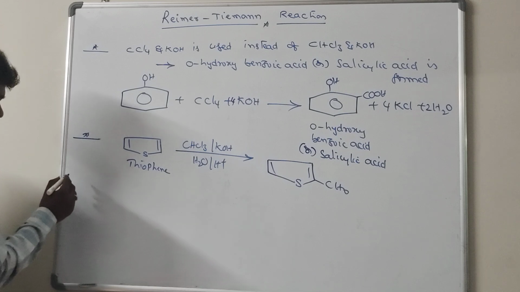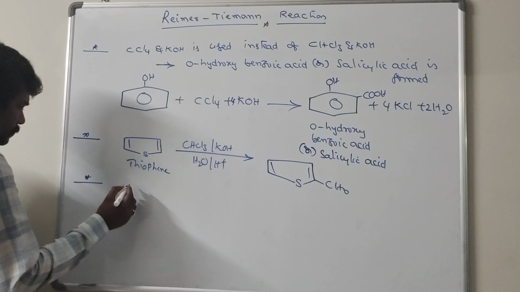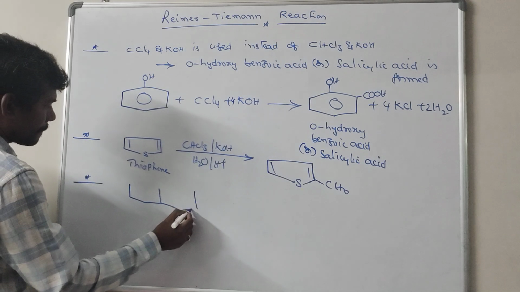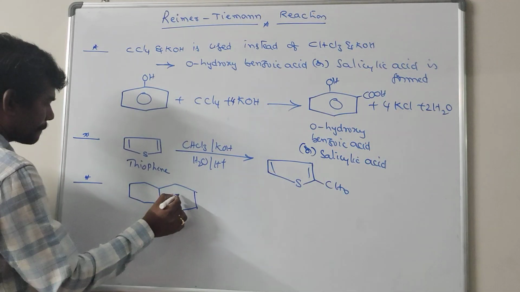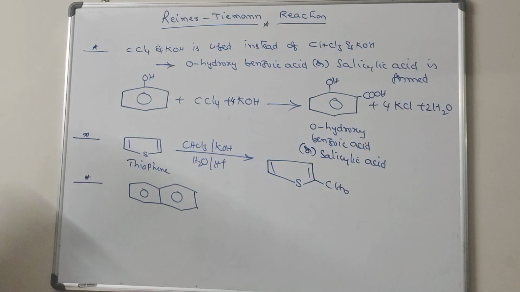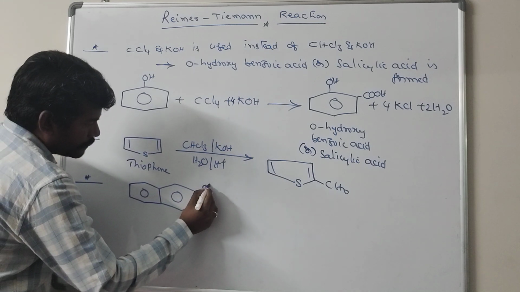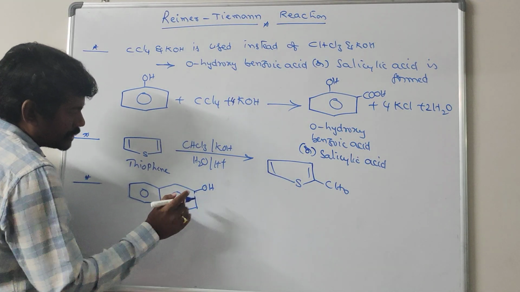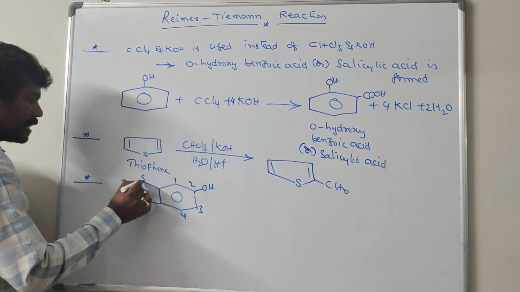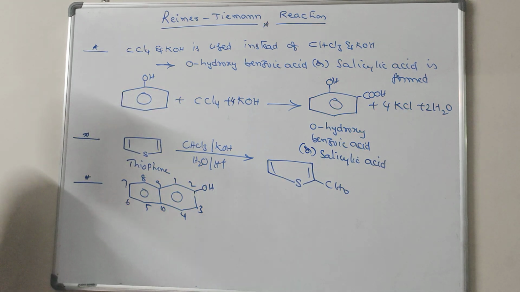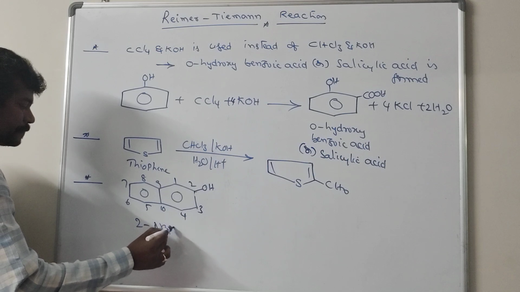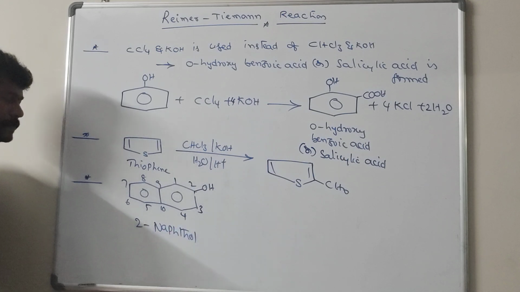This is naphthalene. The OH group is substituted in the second position. 1, 2, 3, 4, 5, 6, 7, 8, 9 and 10. This is known as 2-naphthol.